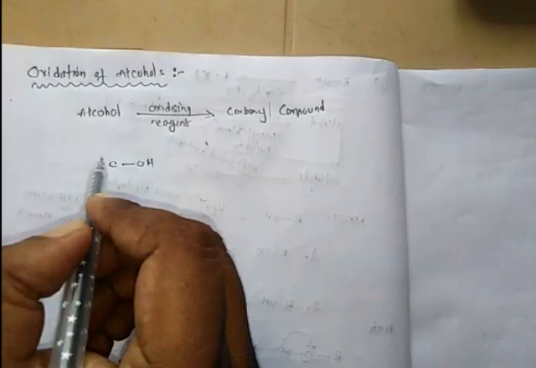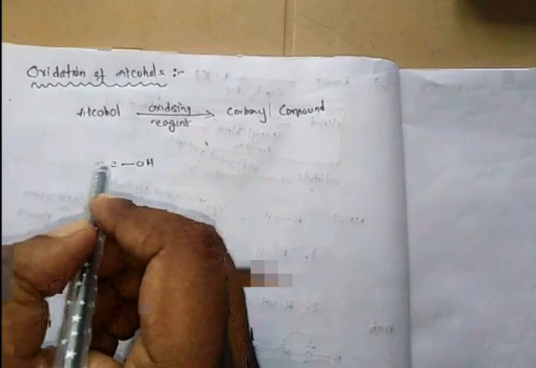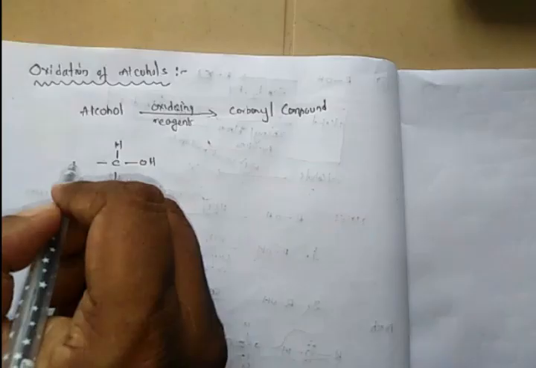Particularly, this is OH, and this carbon has a hydrogen, it must have hydrogen, CH3. Okay, so this is the alcohol.